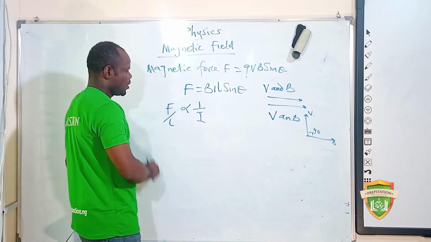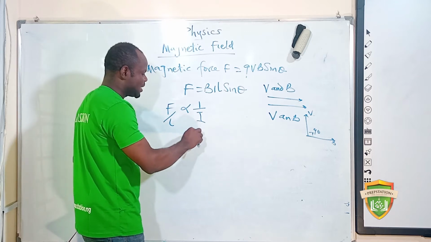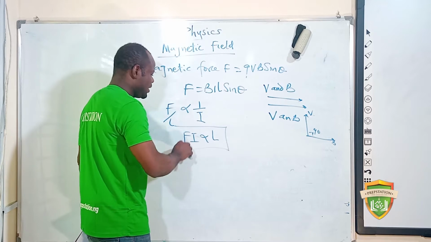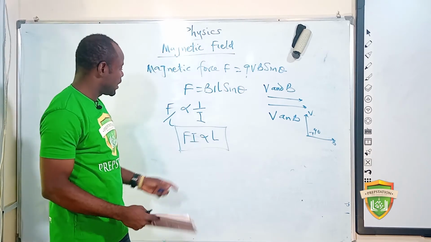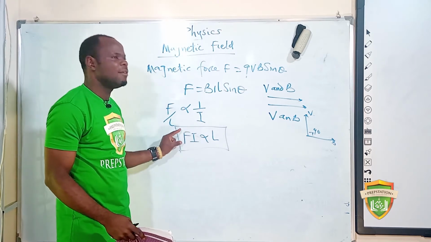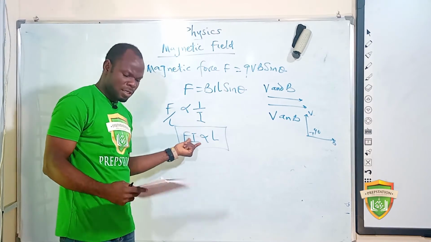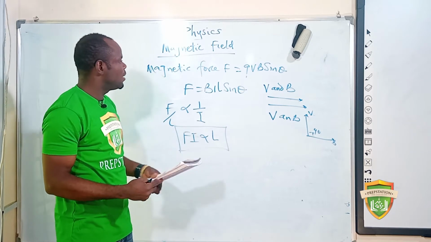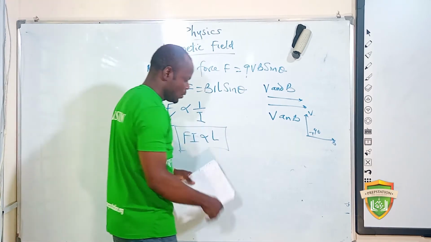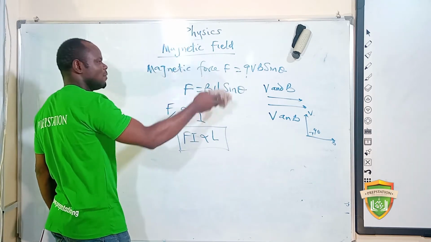If we cross multiply, what do we have? We can have F as directly proportional to what? To the length. This is very much valid. We can make use of it to solve problems. We're going to have a question that will relate the force and the current. Let's take 2 questions under this magnetic field to analyze the formulas that we have on the board already.